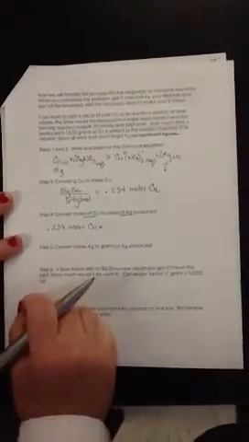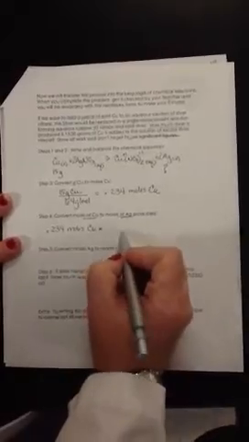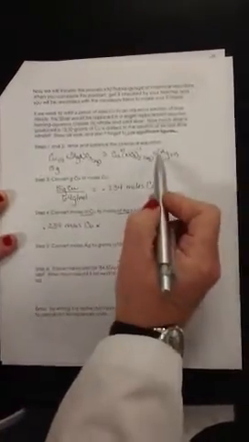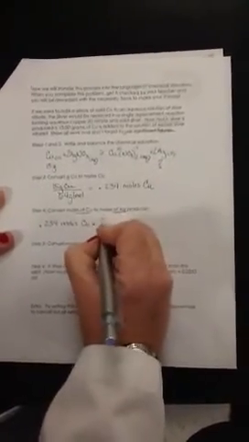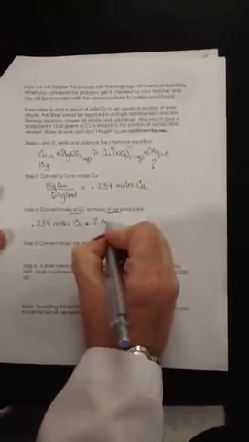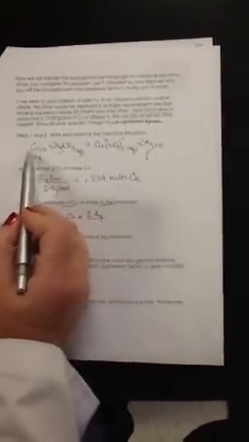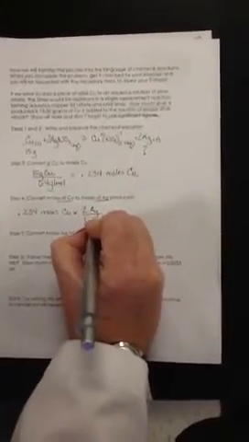So that's right here. I'm going to put a question mark next to it. Now, when you set up your ratios from your balanced equation, it's always the coefficient of the question mark, which in this case is 2, and that's silver, over whatever your given was. And the coefficient for that is 1.